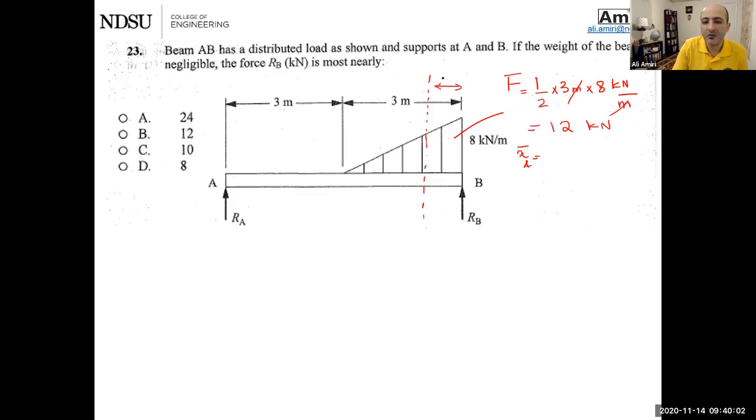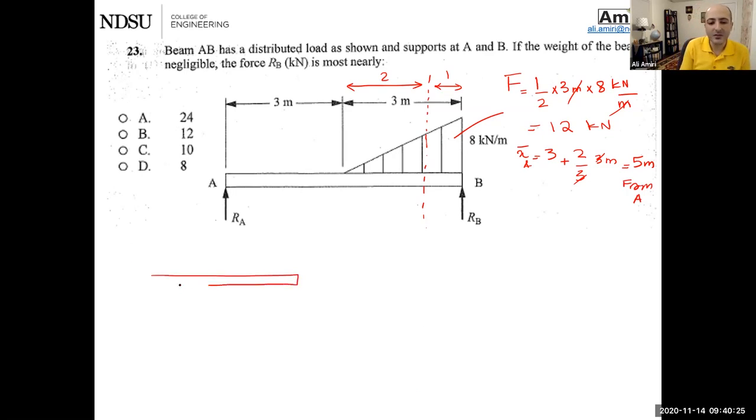So this is going to have 1 meter, this is going to have 2 meters. So it's going to be 3 plus 2/3 of 3 meters, it's going to be 5 meters from A. Again, it depends on where you want to measure it.